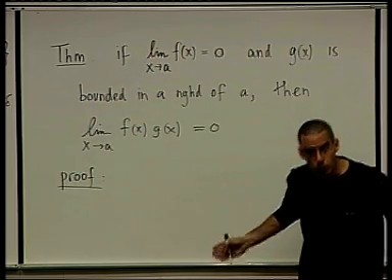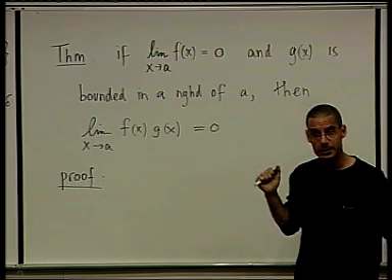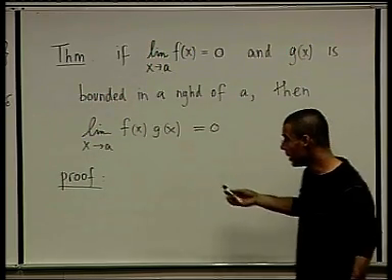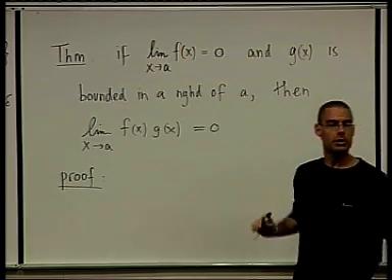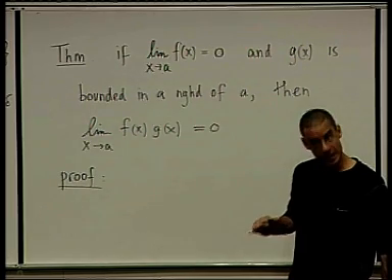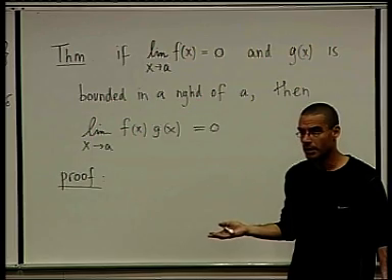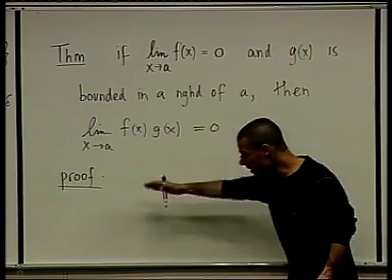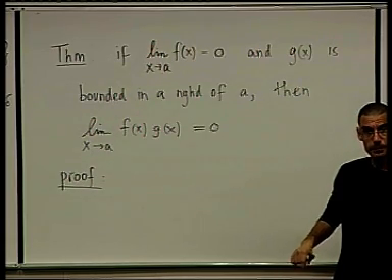As we accumulate theorems, we don't always have to resort back to the definition. For example, the way I'm going to prove this theorem is by using a theorem that we already proved. And that's okay. Once you know a theorem is true, you can use it. You can rely on it. Okay? So I'm going to prove it without going back to the definition of the limit. Okay? Ready?